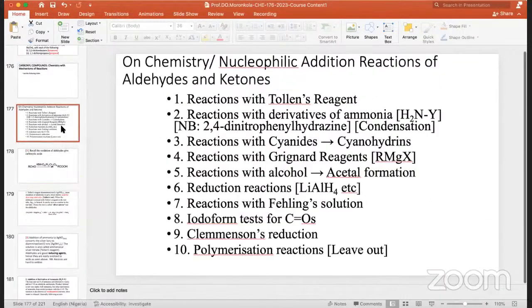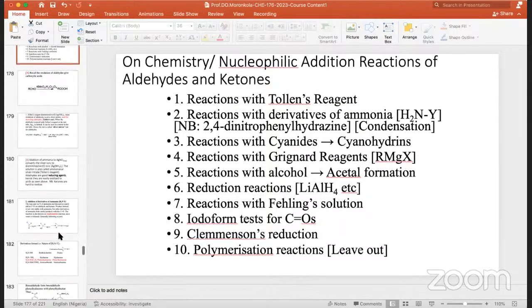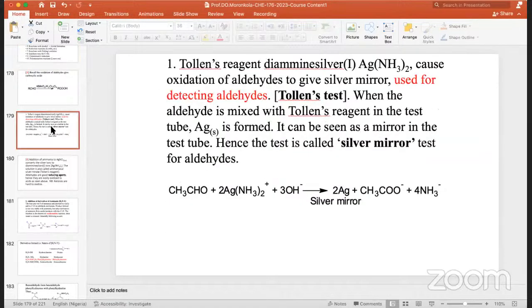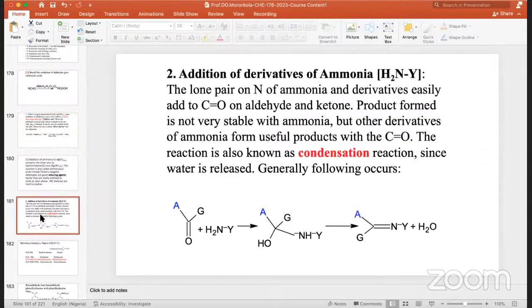The next reaction is reacting our carbonyl with derivatives of ammonia. We have a number of compounds that are formed, which you also use in characterizing or detecting or proving that this is a carbonyl.